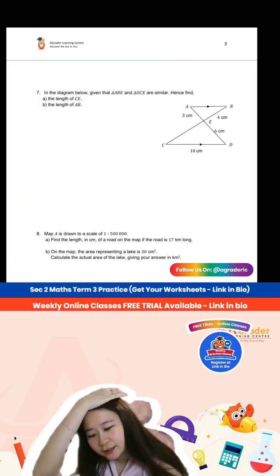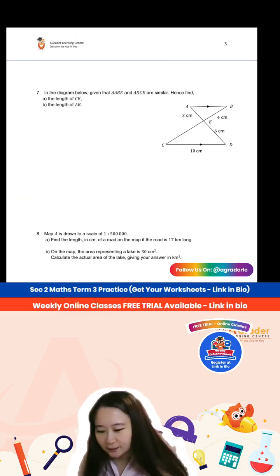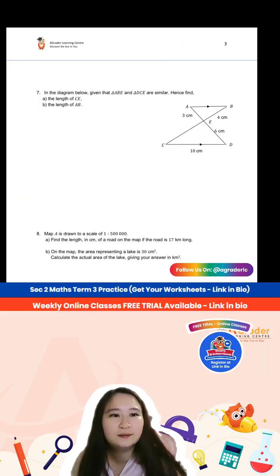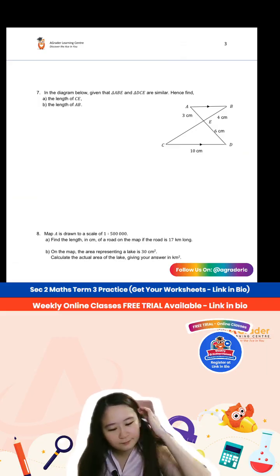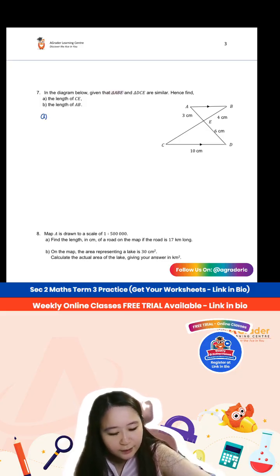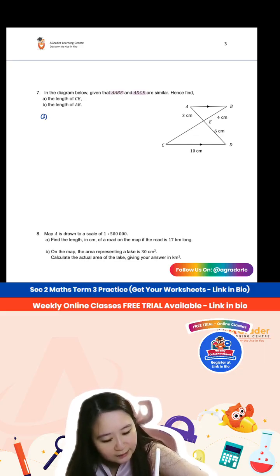It's on similar triangles, and they already tell you which two triangles are similar. Okay, correct. Part A is 8 cm. Well done. They tell you that triangle ABE and triangle DCE are similar. Find the length of CE.